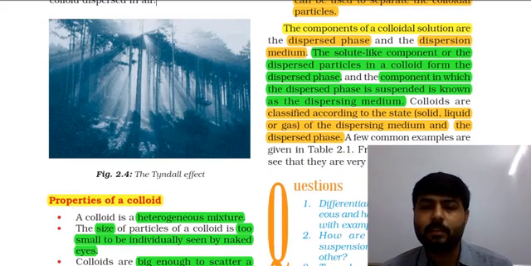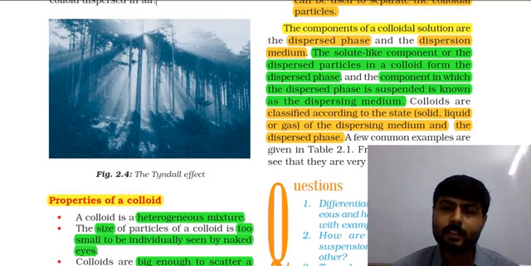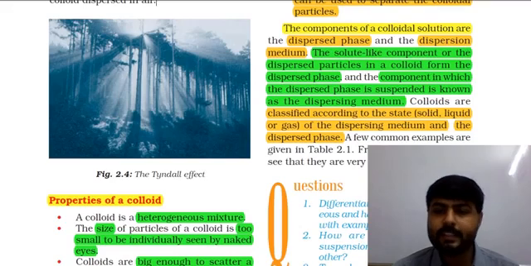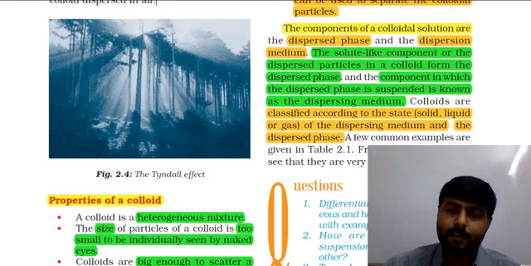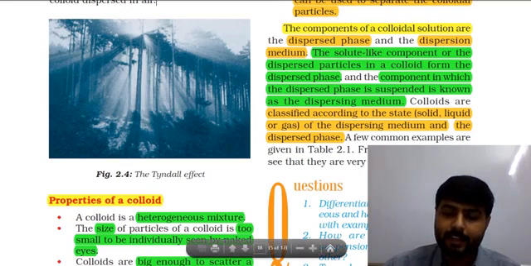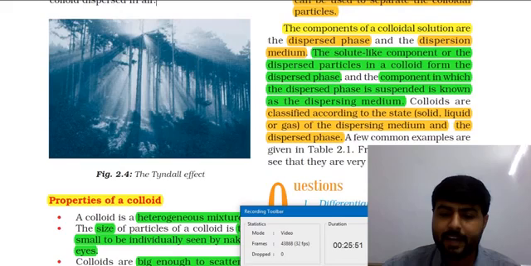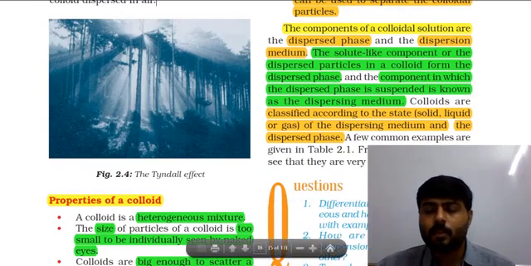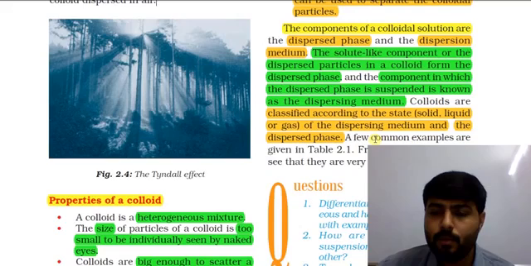Colloids are also mixtures, and they are classified according to their state, like solid, liquid, gas, and which is the dispersing medium and which is the dispersed phase. According to that, we can classify the colloidal solution. A few common examples are given in table 2.1.